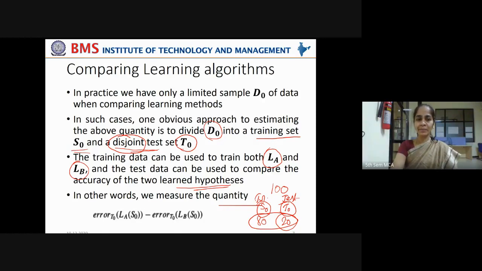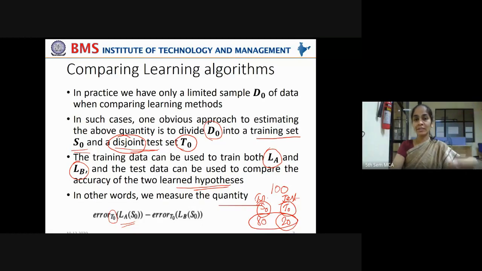What are we measuring? The error with the test set T naught that is encountered by algorithm A and the error with the test set T naught that is encountered by algorithm B. Now, why are we taking S naught here?